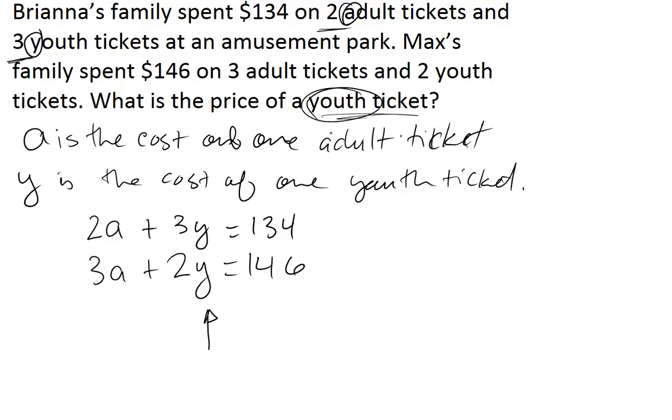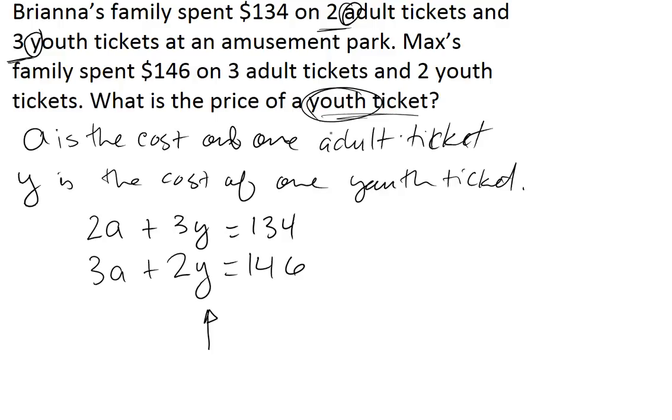And, all things being equal, it looks like I could solve for either variable directly first. I'm going to choose to eliminate A. So remember, the technique we've been talking about in class is elimination or linear combinations.